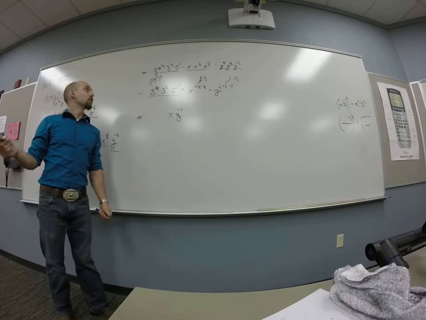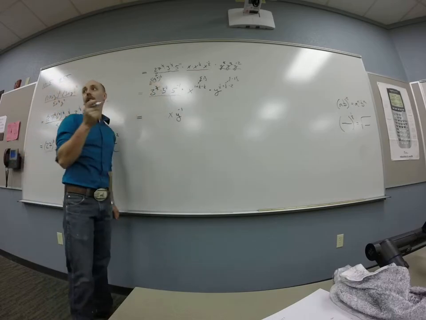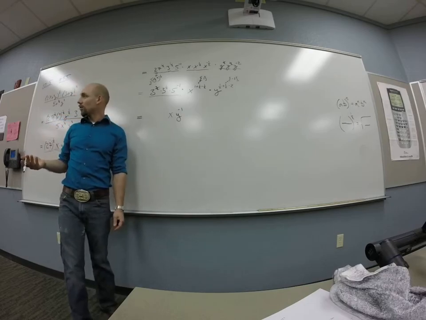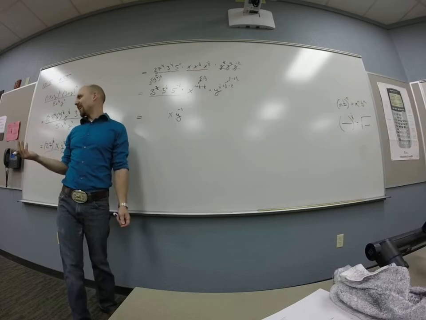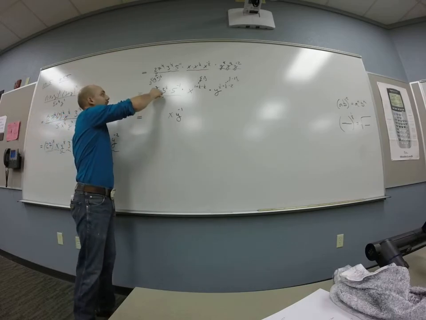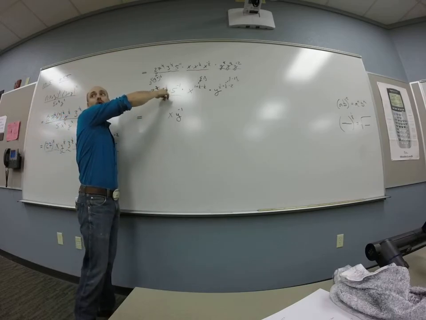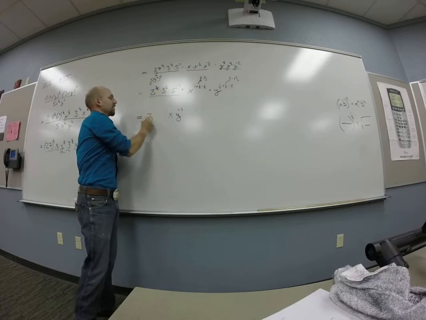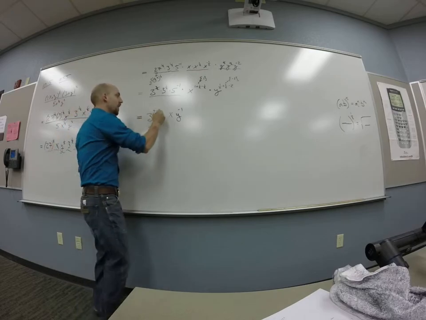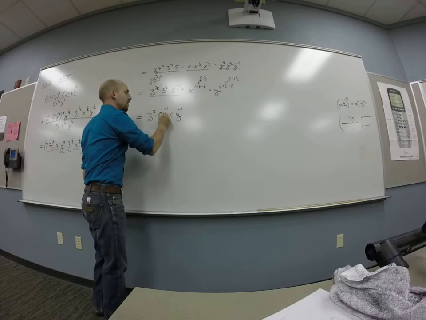The bases are 3s and 5s. The 3s are kind of like terms and the 5s are kind of like terms. You can't put them together, unfortunately, but at least I can do the 3s. So this is 3 to the 3/2 plus 1/2, so that's 3 squared, times 5 to the negative 1.